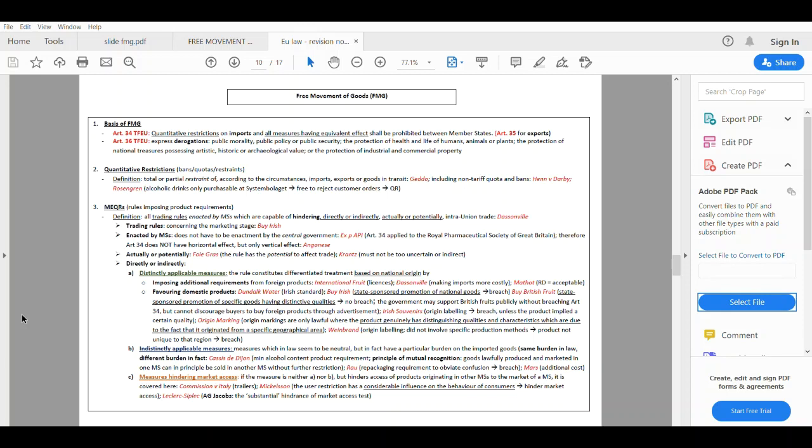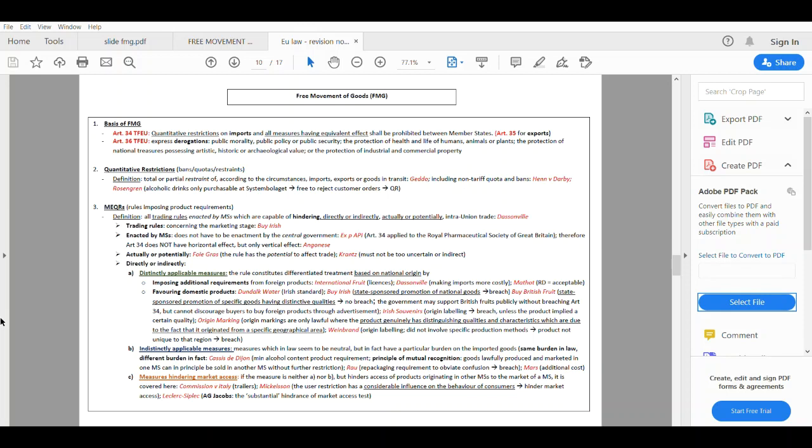For this kind of restriction, you can see the case of Simmenthal. Another type of distinctly applicable measure is origin marking, and you can see an example of such a requirement in the case of Commission v Ireland, commonly referred to as the Irish Souvenirs case. In that case, it was said that an origin marking requirement is clearly an MEQR.